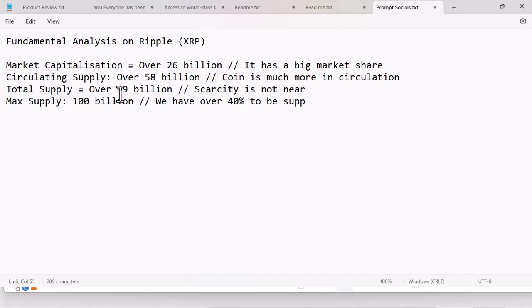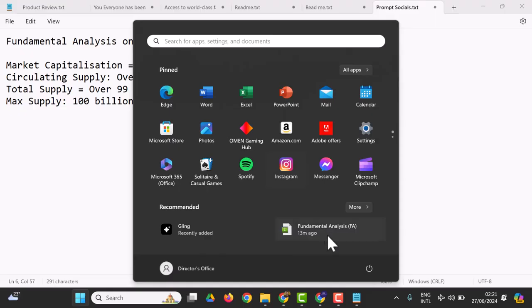The total supply is now over 99 billion, so we have less than 1% to be supplied. When you remove over 99 billion from 100 billion, it remains less than 1% to be supplied. So that's the max supply so far. That's what we deduce from that.